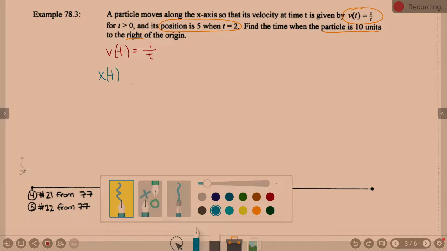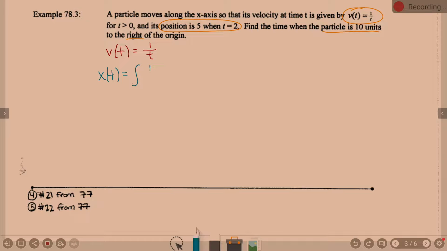So x of t is indeed the integral of velocity, so it is the integral of 1 over t dt. That's one of those special cases, isn't it? It's best if you can recognize the integral of 1 over t. And so the integral of 1 over t is the natural log of t plus c.